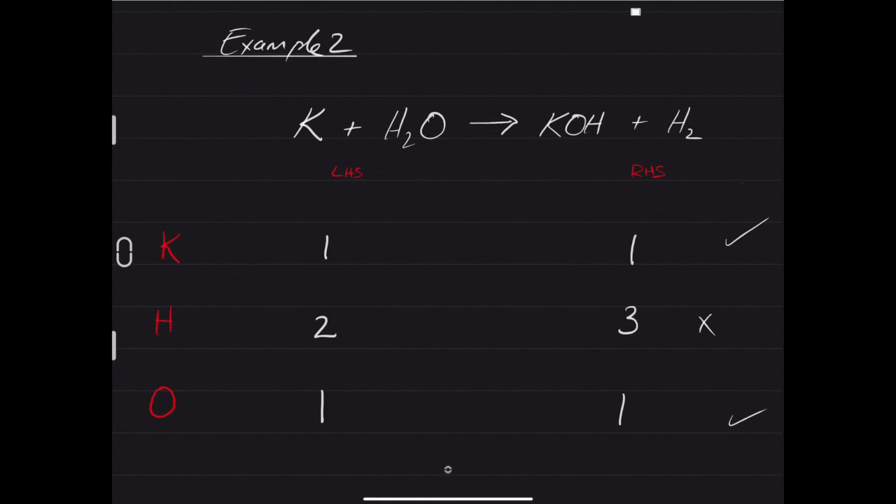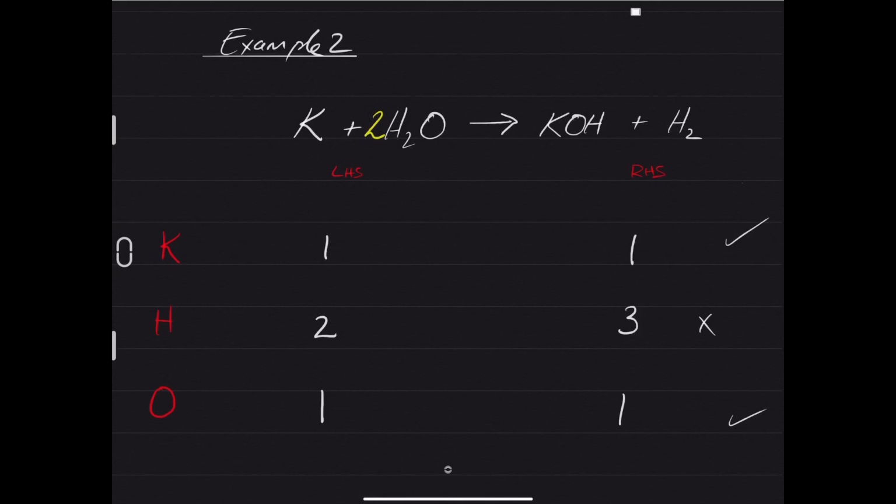Let's take the second step and try and correct the imbalance. What's the quickest way to have the simplest whole number, the smallest whole number coefficient that we can add here that would make things work? Let's put a 2 here.